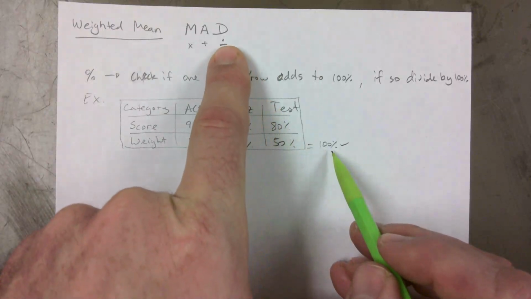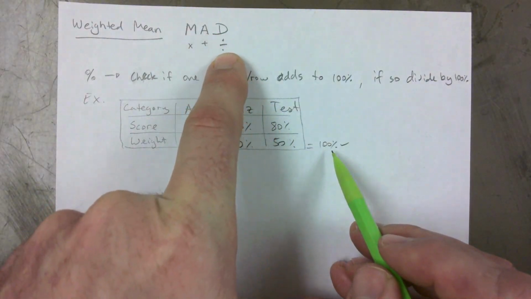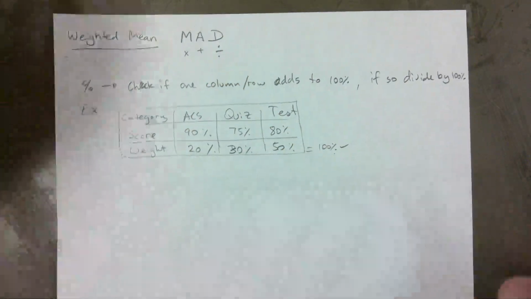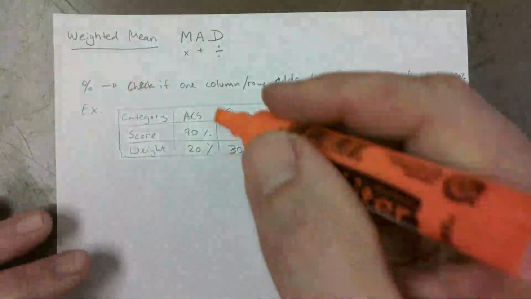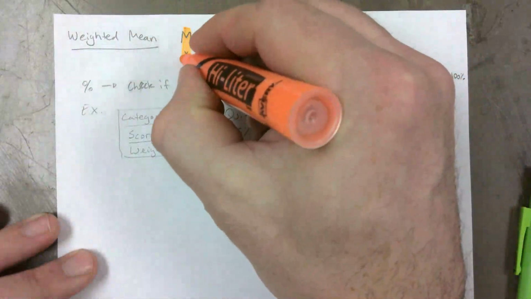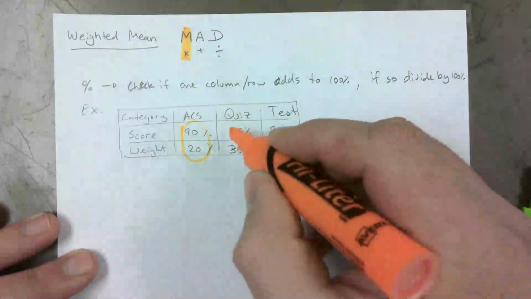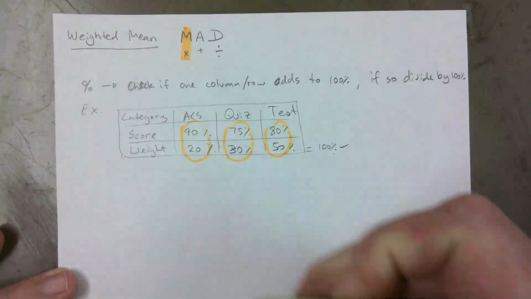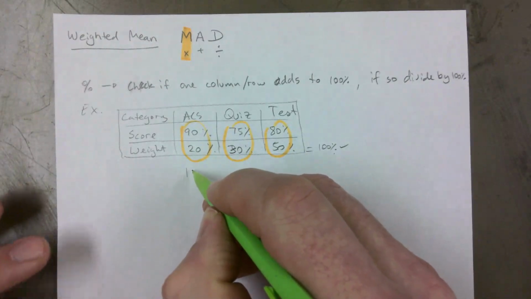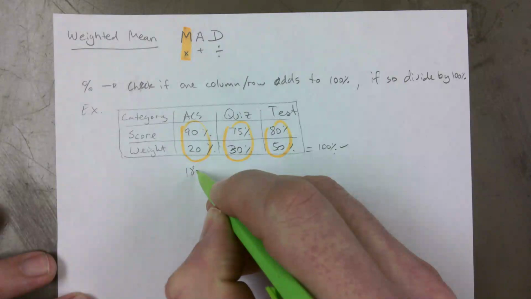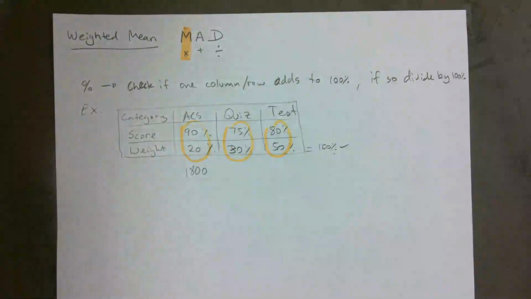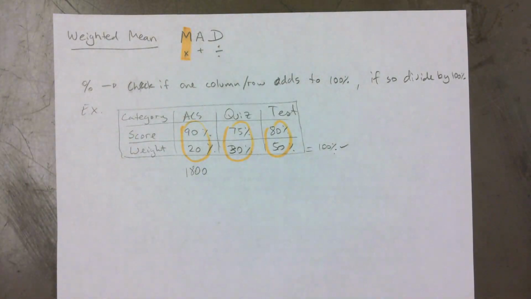So that D part of MAD, you're going to make sure you divide it by 100. It's guaranteed. So this is where MAD comes in, right? So first you multiply. So I'm going to give that a color. So we multiply across like this, and we get our answers. So this is 1800.